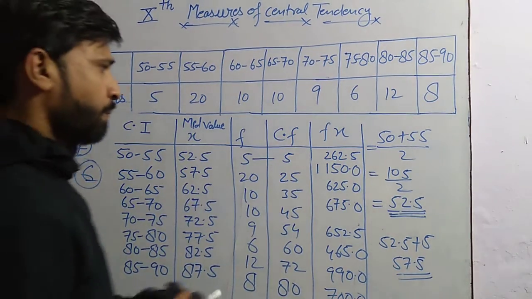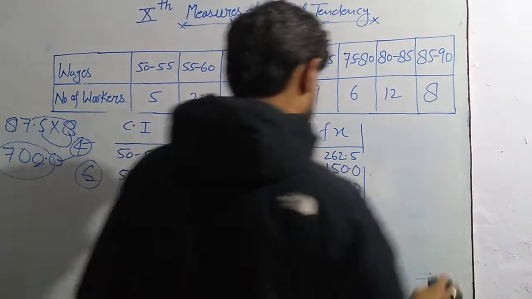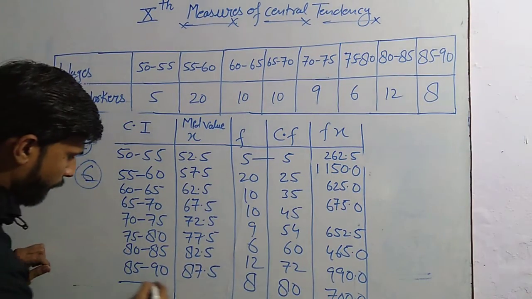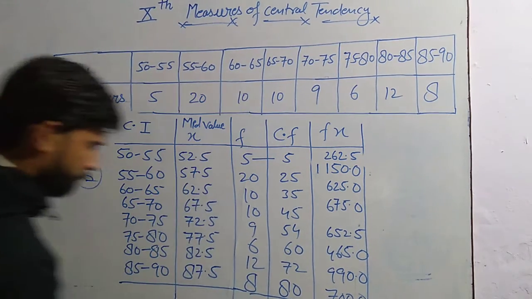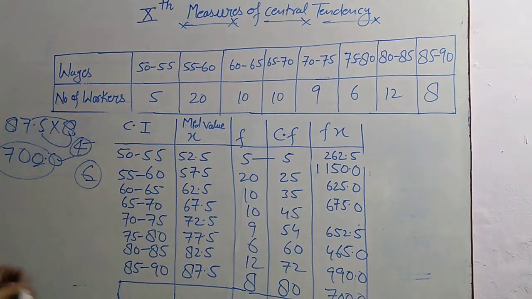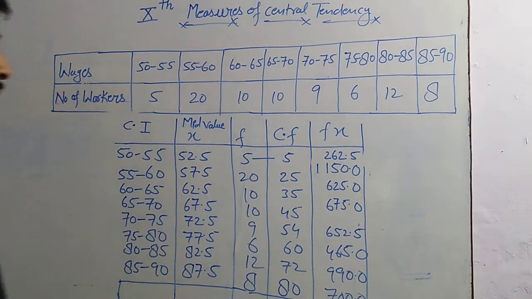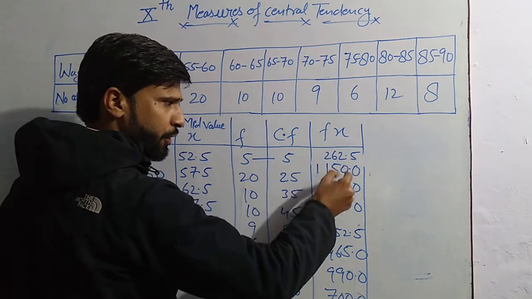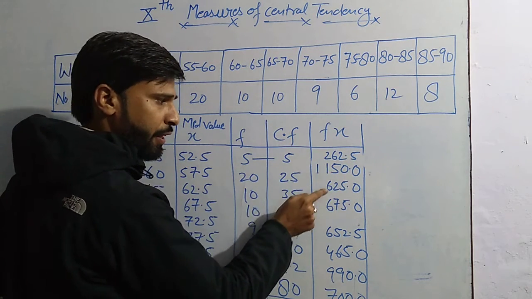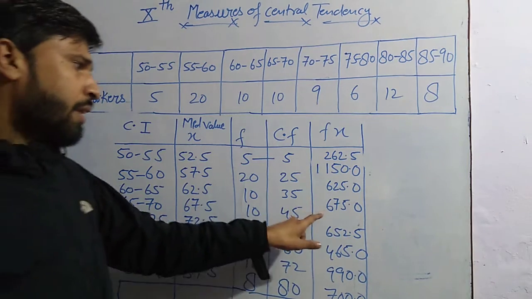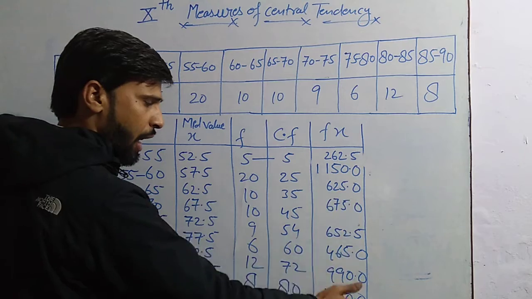After adding this, the sum of all observations fx: 262.5 plus 1150, 625, 675, 652.5, 465.